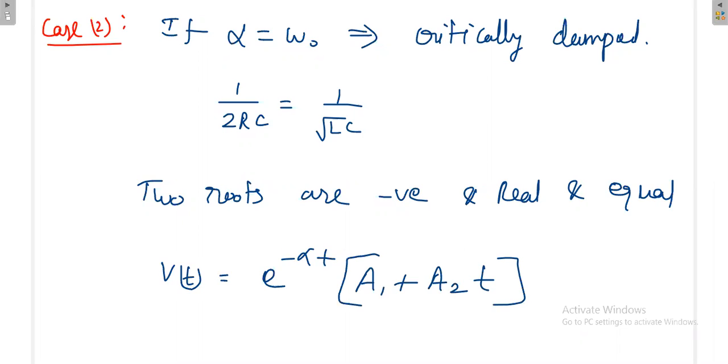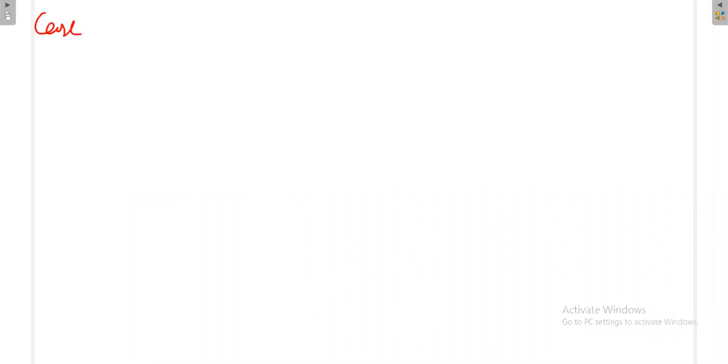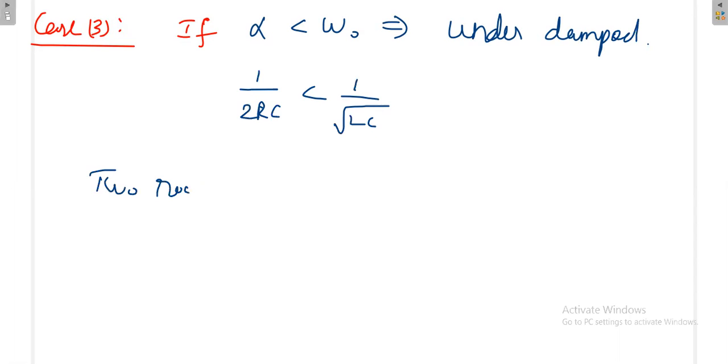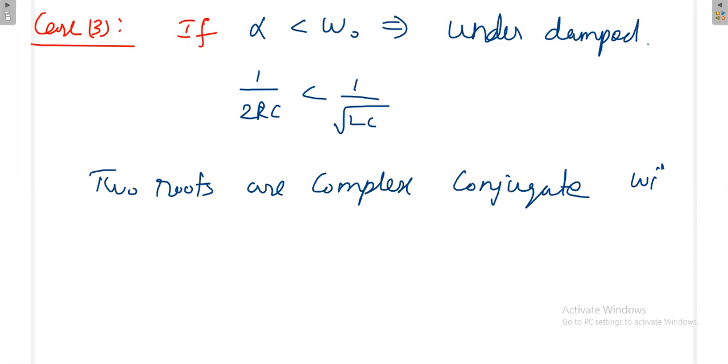Next, case 3: if alpha is less than omega naught, it is under damped. That means 1 by 2RC is less than 1 by square root of LC. Now the two roots are complex conjugates with a negative real part.